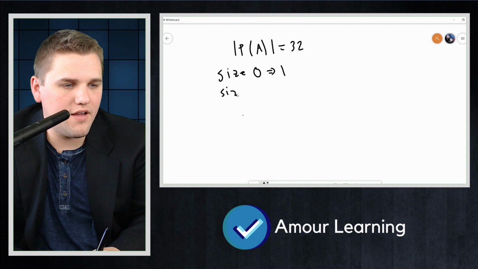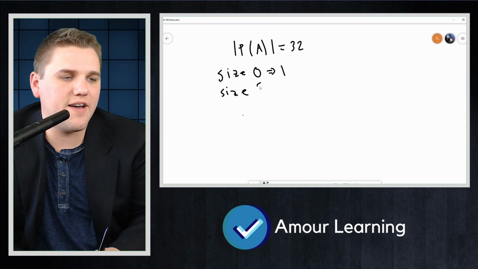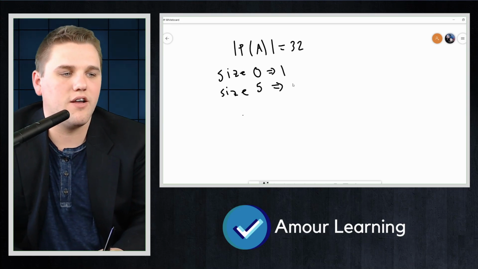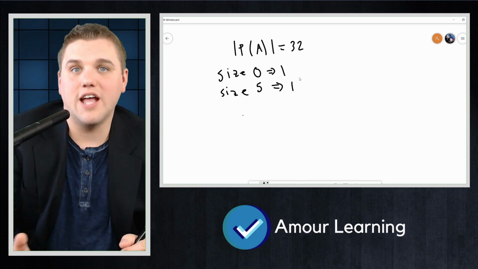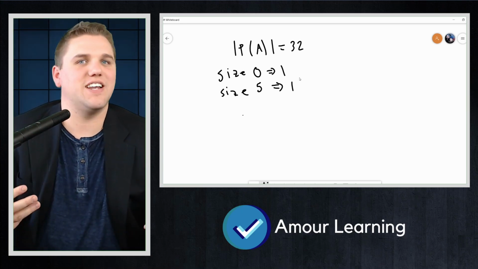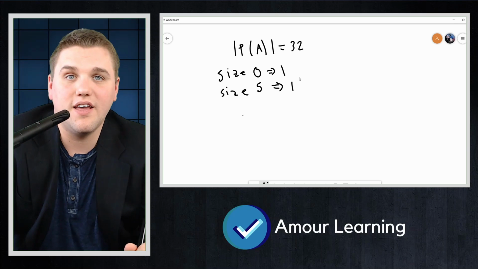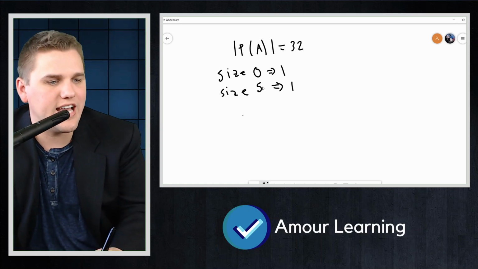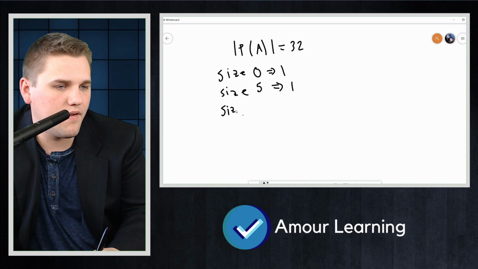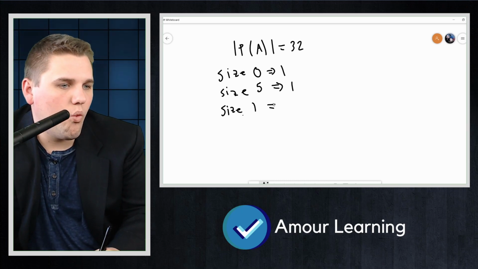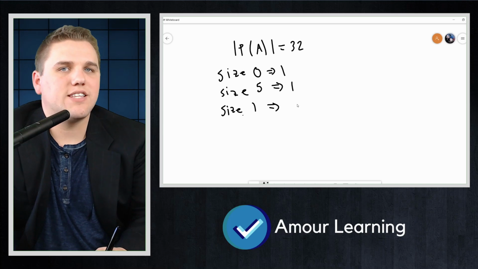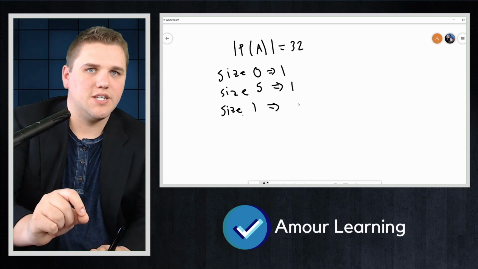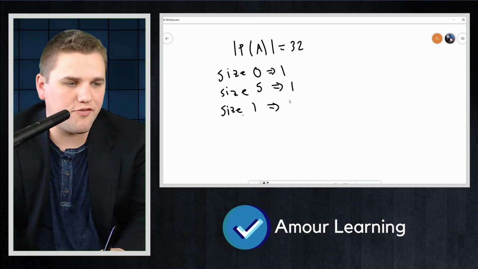And the subsets that have size 5, well, there's only 1 of them. It's the whole set A. You can't find any other subset that's also size 5 that's actually different. Size 1: that's if we pick 1 element from set A. There are 5 ways of doing that.